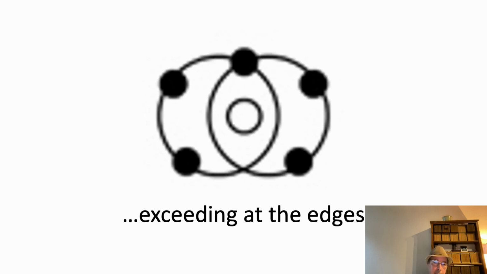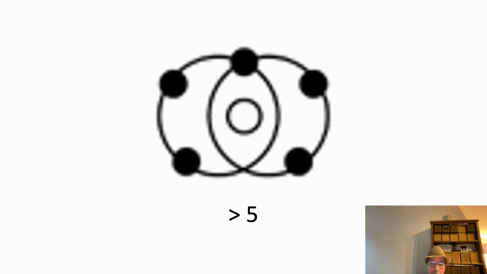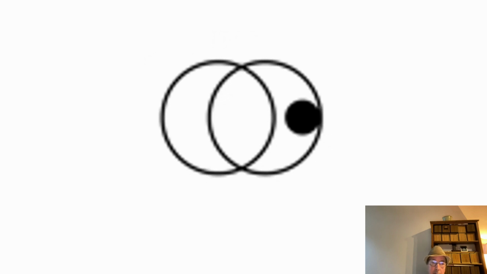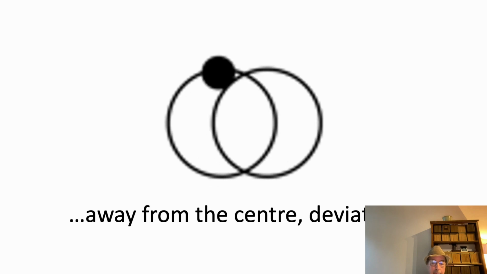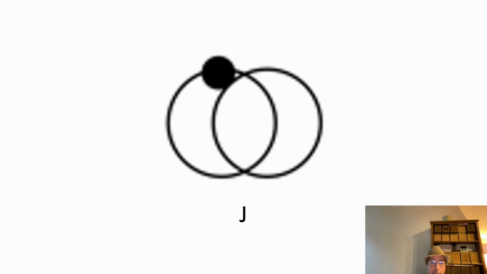You can say it exceeds the edges. That's for sure. Once it really does that, it will be expressed by the W. Until you really go away from the center, it's deviating even more, and you will express that with the G.